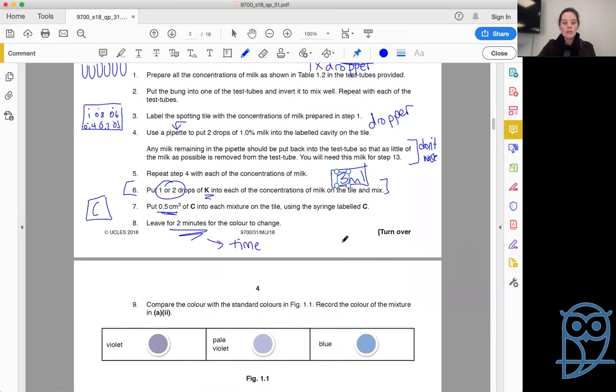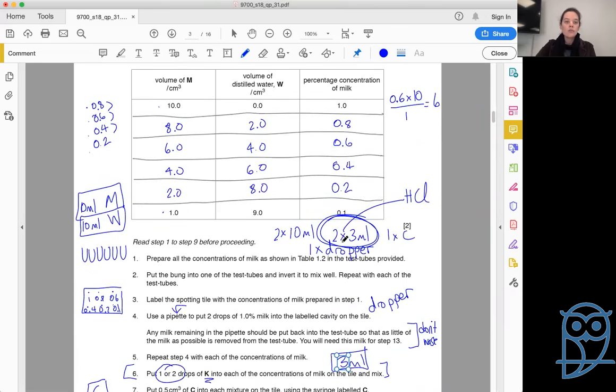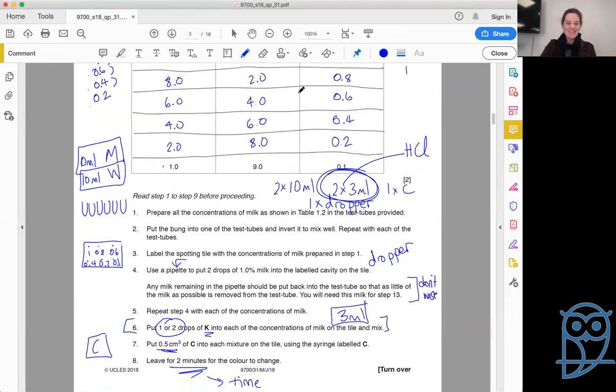So when it comes to testing U, we're rather going to use our M syringe. Yes, we're going to rinse it out and everything, so we have that same no cross-contamination, but U is simply another concentration of M. So we can use that same syringe. So now we are happy.